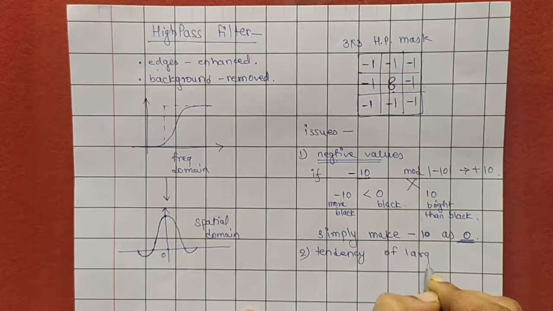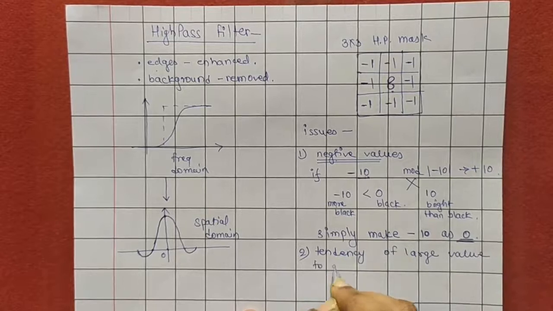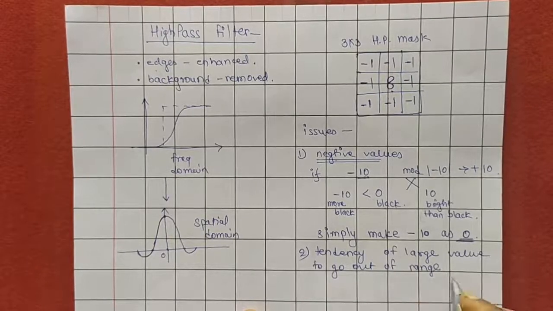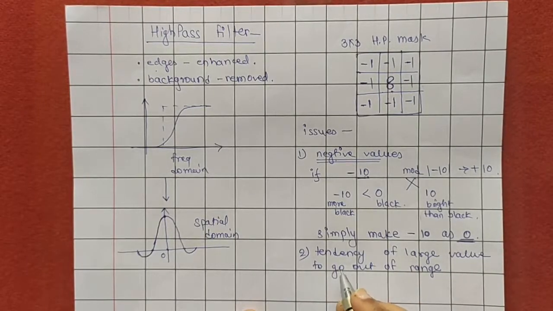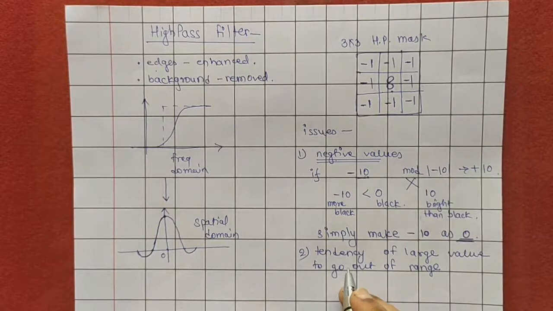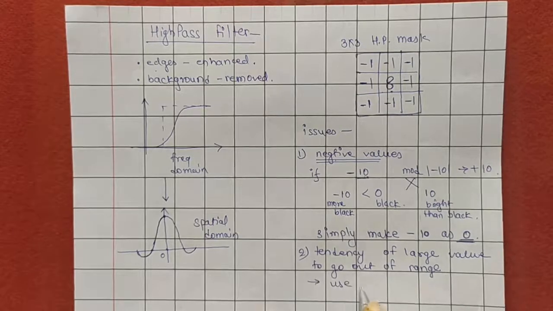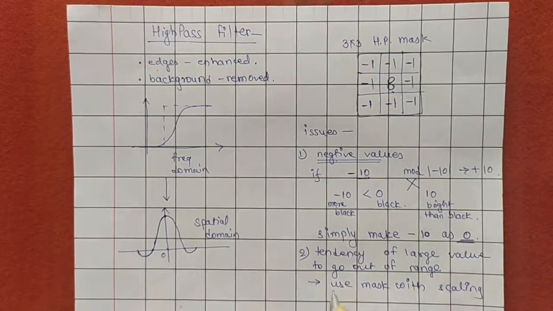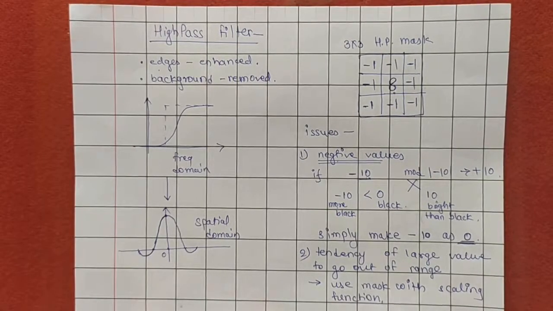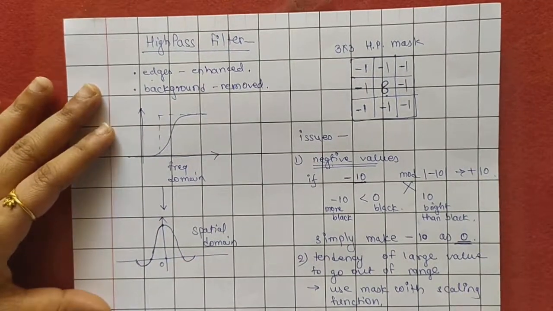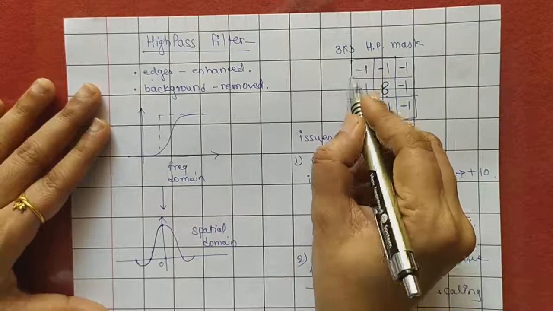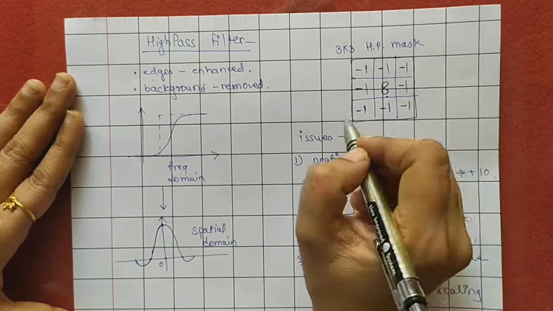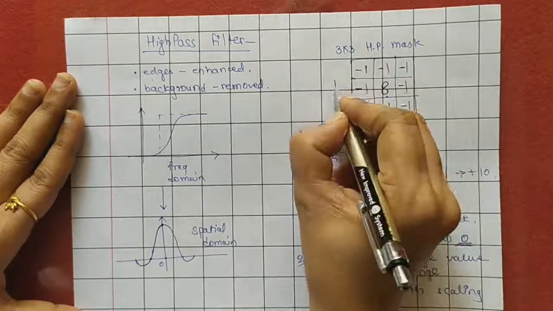Scaling function means we simply multiply this 3 by 3 mask with a scaling value, and that value for the 3 by 3 mask is equal to 1 by 9.